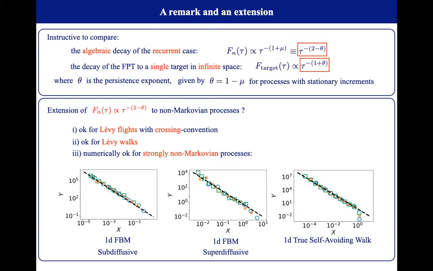In this true self-avoiding walk, you assume that the probability to jump on a site is a function of the number of times the site has been visited. More precisely, it decays exponentially with this number of visits. So it is a kind of landscape you mentioned previously, even if specific, and it also works in this very non-Markovian situation. I have no explanation for that for the time being. This is just a constatation. It seems to say that this result is very general.